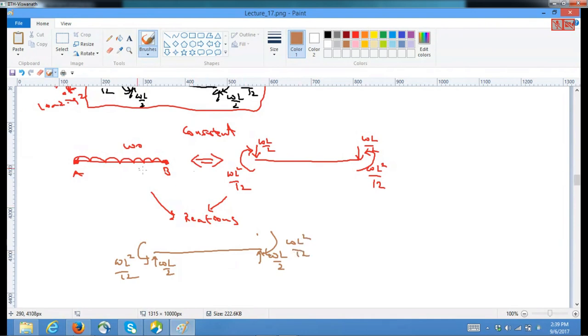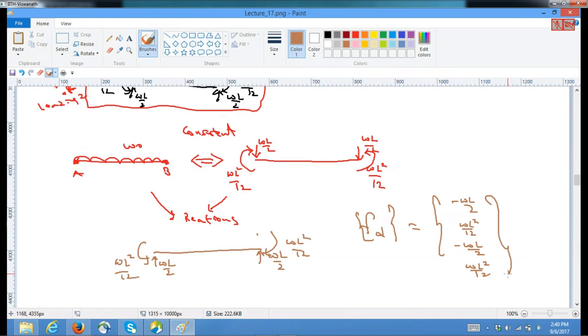Whenever you see this kind of loading, I will directly apply this type of loading, because the reaction forces they give for both cases are the same. For such a loading, my FD distributed load can be taken as per the convention: minus WL by 2, WL square by 12, minus WL by 2 and WL square by 12.